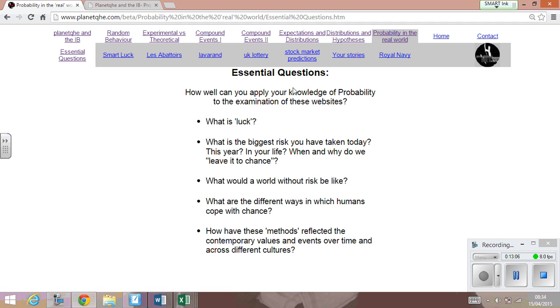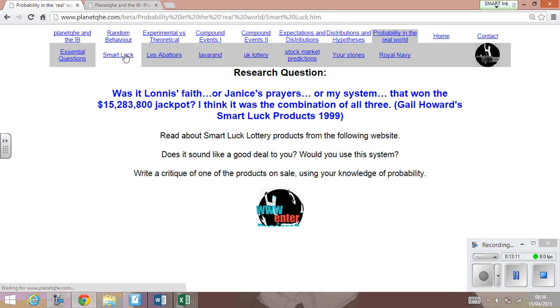Probability in the real world. Some of these links don't work anymore. But this one here, the Smart Luck company, the last time I looked at it, it's a company which designs software to help you win lottery jackpots.